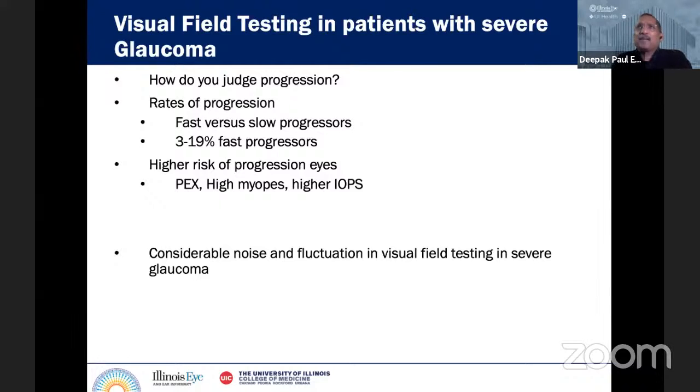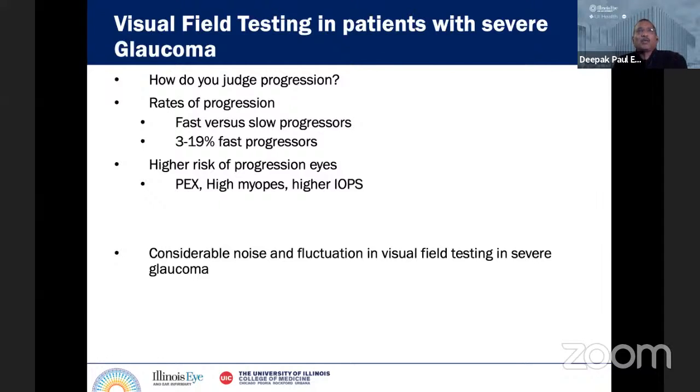Those who had higher baseline IOPs, who have greater fluctuation of IOPs, and of course, those who are poorly compliant or who don't understand the seriousness of the disease, these are all eyes at greater risk of progression. So what do you do for these patients? Of course, you monitor them more carefully, more aggressively, and most often you end up doing surgery in these patients in order to lower the intraocular pressure to achieve the goal you want.